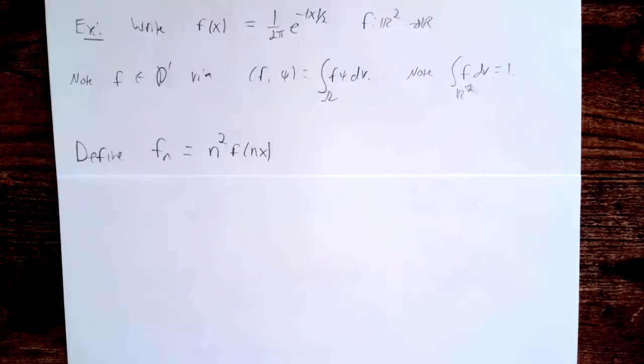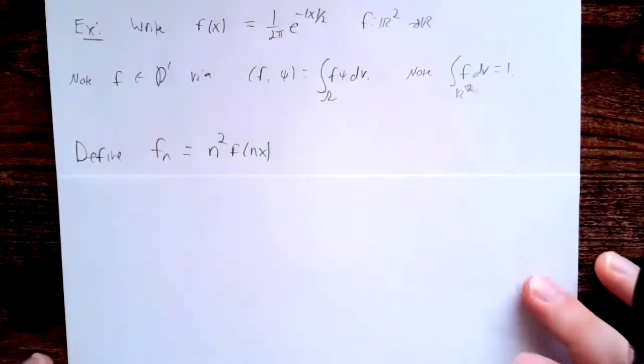And then I'm scaling the values by n squared. I'm doing this so that the integral is going to stay equal to 1, right? If you integrate this and then change a variable like y equals nx, then the n squared will cancel, and the integral will still be equal to 1.